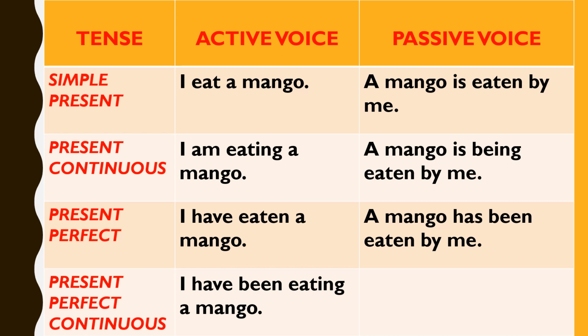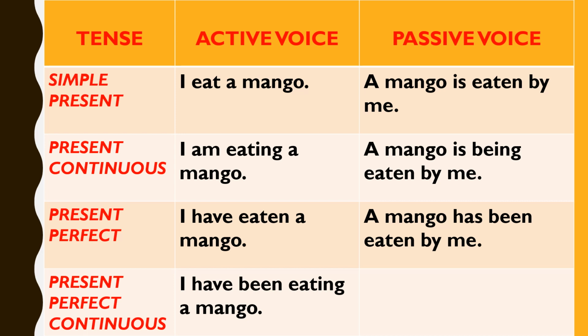I, the subject here, has become the object, and the subjective pronoun, that is I, is changed into me. And the object which was in active voice, that is mango, has now become the subject in passive form, that is a mango. A mango is eaten by me. Then how did you get is? Why is it added over here? So that's the rule. We must add the be form of the verb.